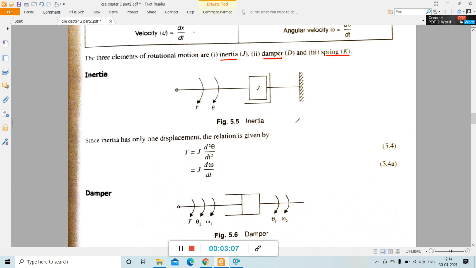This is the reference. Since inertia has only one displacement, the relation between torque and inertia is T equals J d square theta by dt square, or you can write J d omega by dt. Omega is the angular velocity.